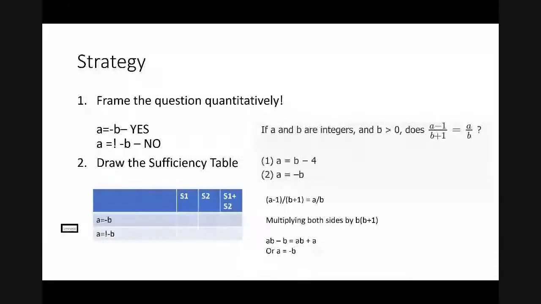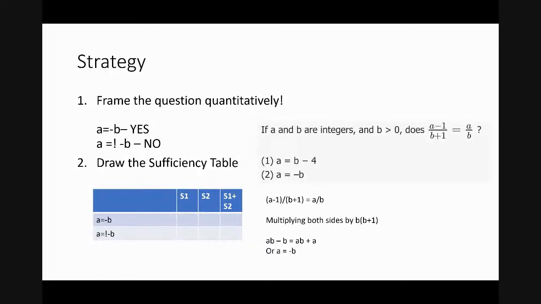So let's look at that statement. If a equals b minus 4, let's take b as 1, for example, because b has to be greater than 0. If b is 1, then a has to be 1 minus 4, so minus 3.